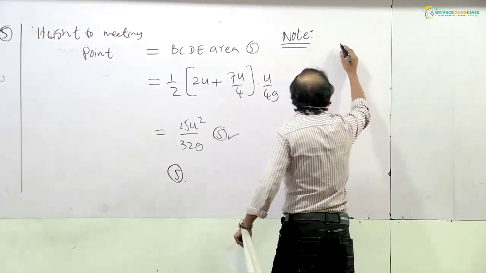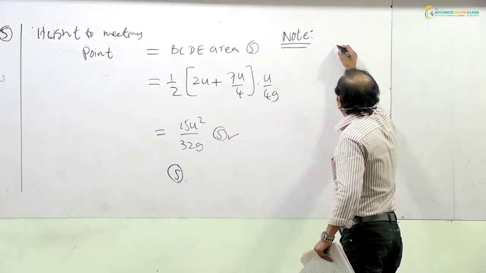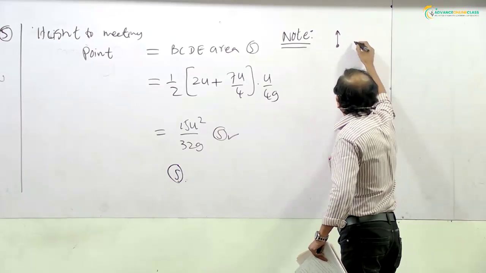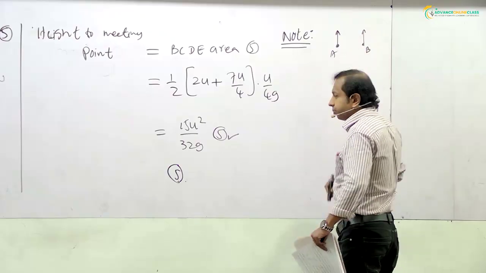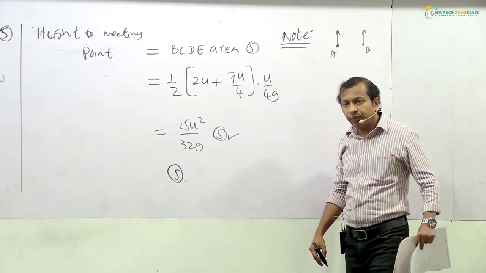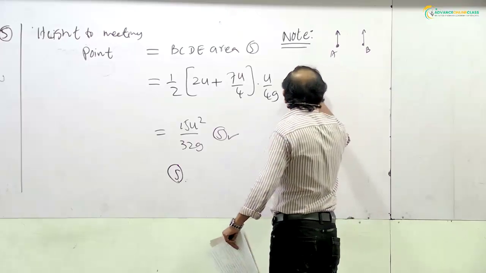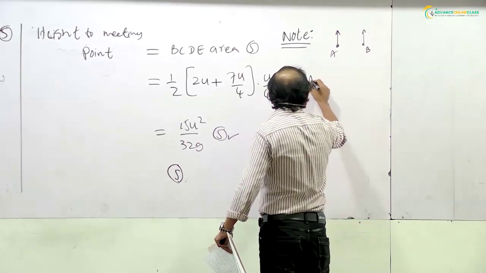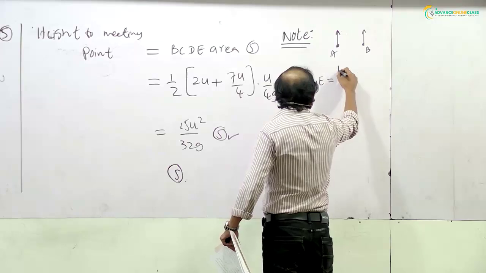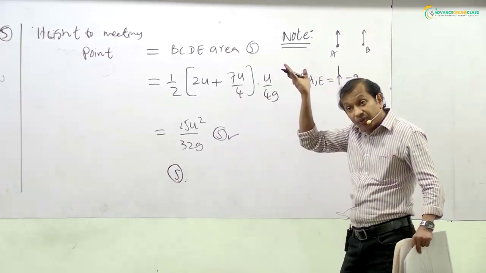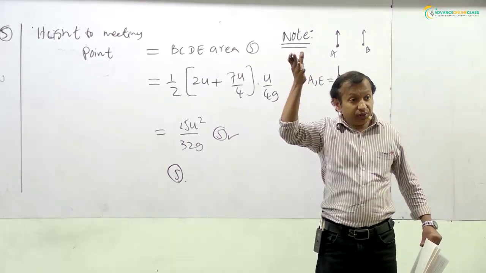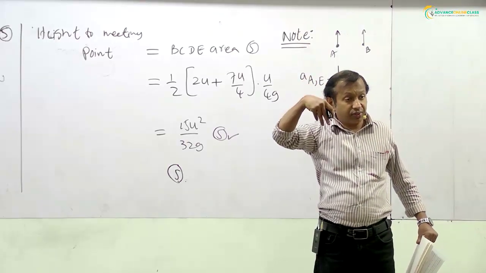Right. People, suppose we have a particle A moving upwards. Particle B also moving upwards. What is the acceleration of A relative to Earth? Upward direction, retardation.